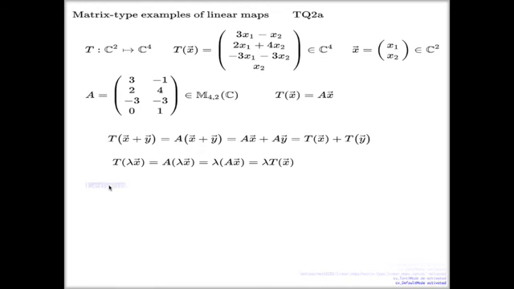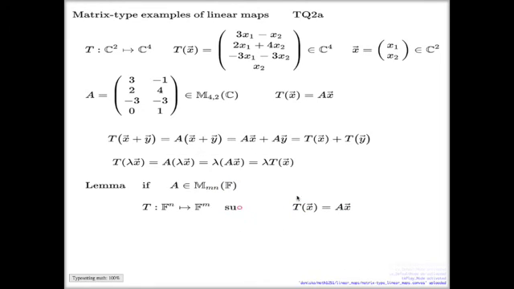I'll frame it as a lemma. If I have a matrix of some size, say m times n, with scalars from a field, then any map like this will always be linear. The same two lines work for the proof of that lemma.